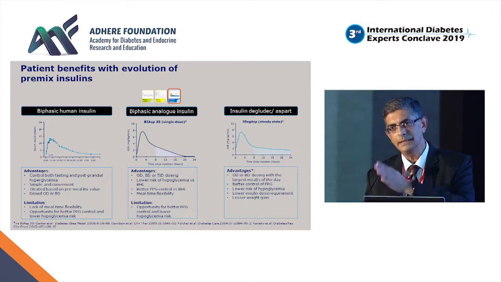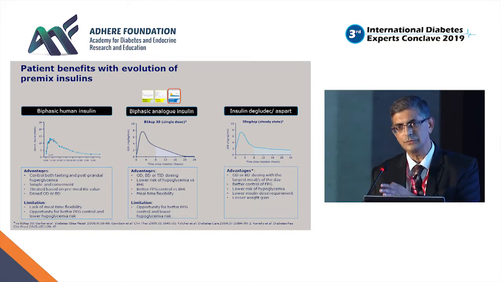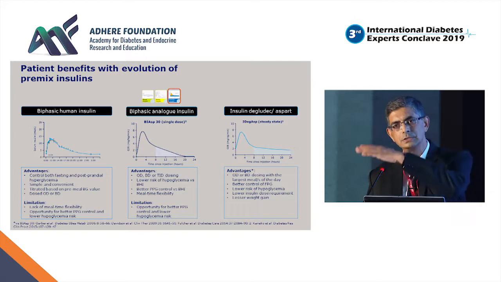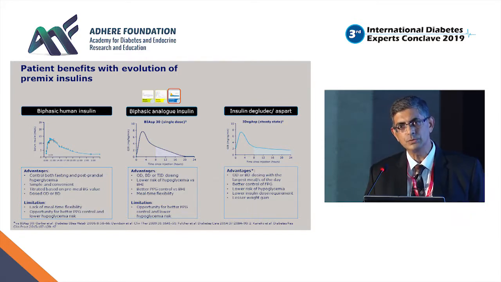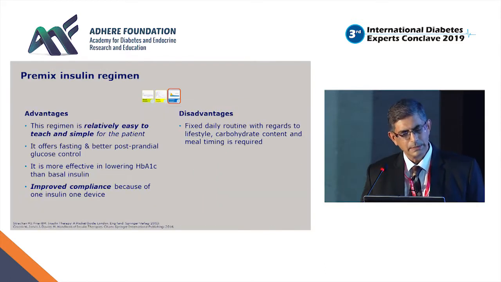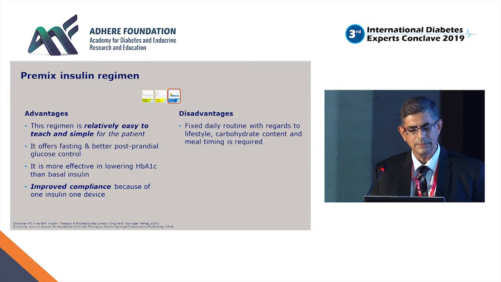That will help the meal surge of glucose, and it will also act as a basal throughout the day. So it gives you a little flexibility of dosing to decide which meal should be given the co-formulation.